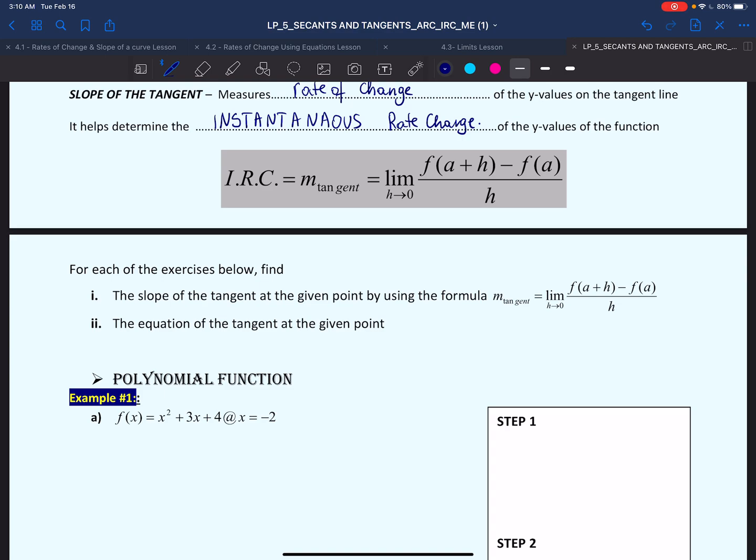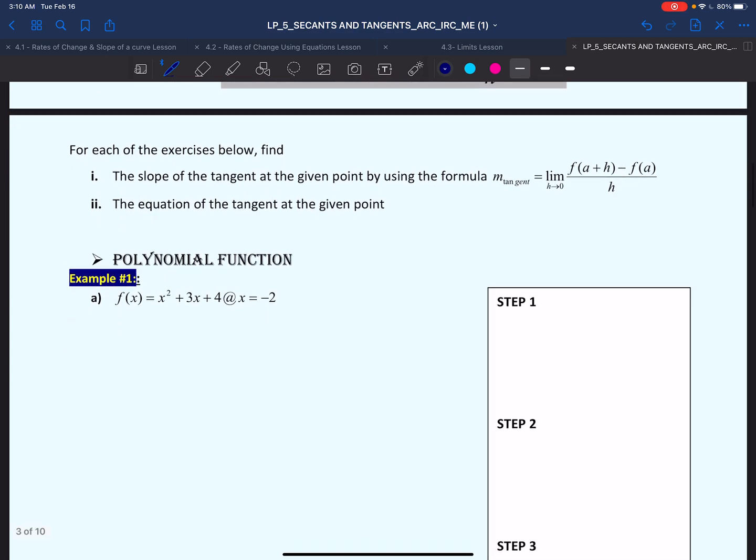And we are going to practice this formula in a few functions. So as a first example, here I chose a quadratic function, f of x equals x squared plus 3x plus 4, and we're trying to find the value of the slope of the tangent at x equals negative 2. Now, step number 1, we have to determine f at negative 2.